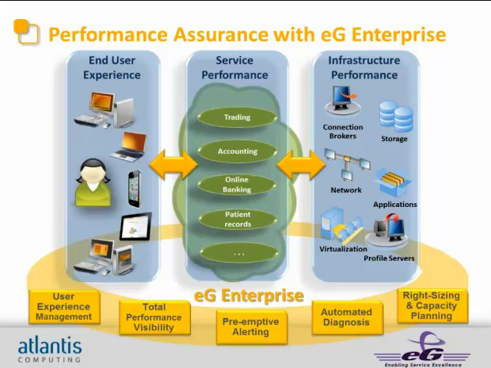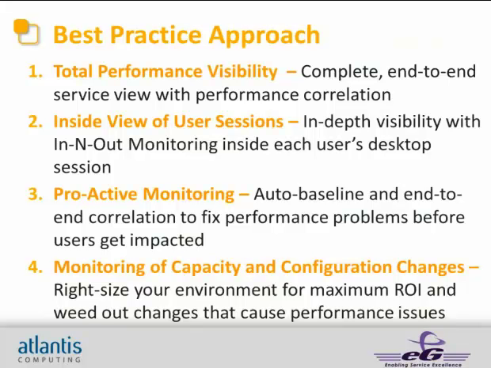Essentially, in a nutshell, total performance visibility: a complete end-to-end service view, taking into account the nature of XenApp and resource sharing, adding virtualization and its own resource sharing, and understanding services and user impact. Understanding all of this as a cohesive entity gives you the ability to isolate problems quicker, reduce user impact, reduce IT impact, and improve your ROI.